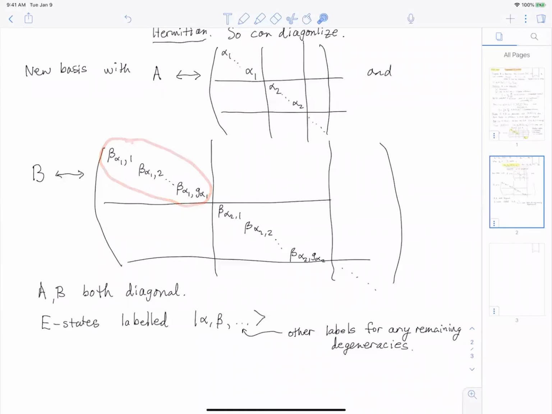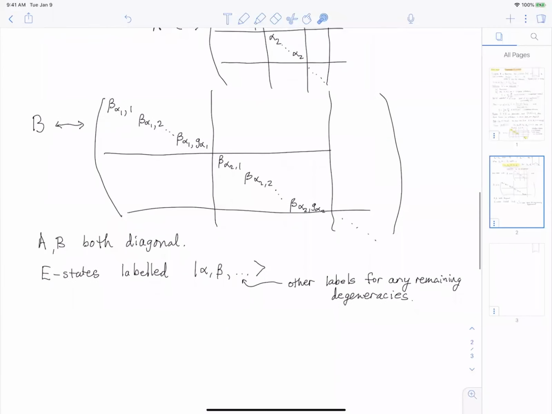So it could be that these are still degenerate. And so the moral of the story there is that to tell apart the degenerate states, or the remaining degeneracies, if there are any, you may need further observables.